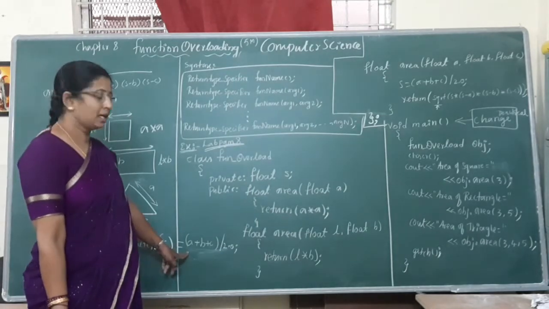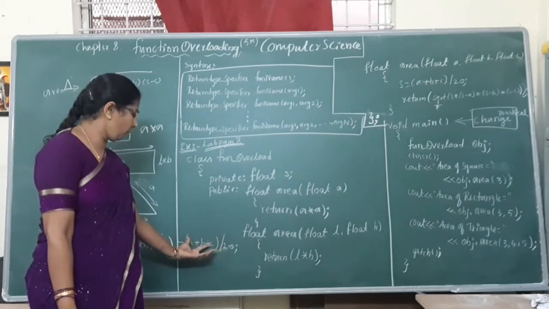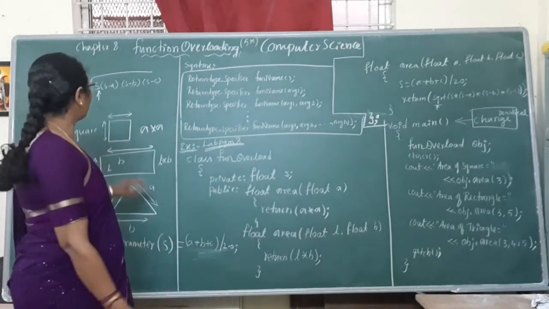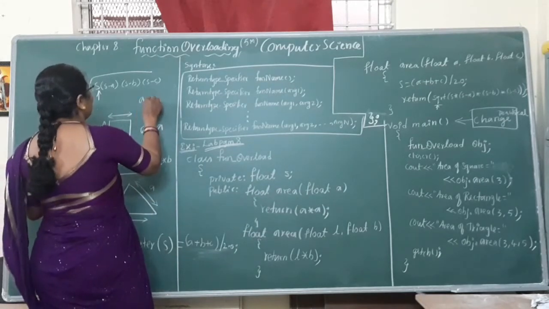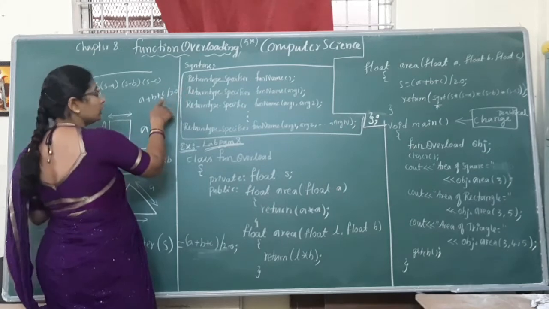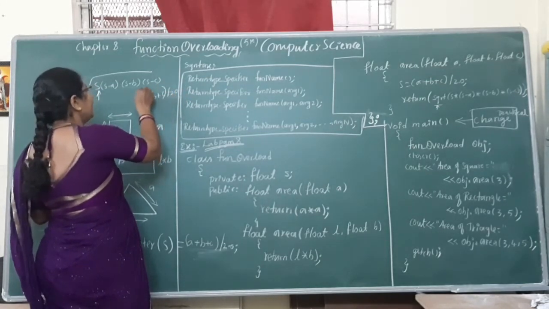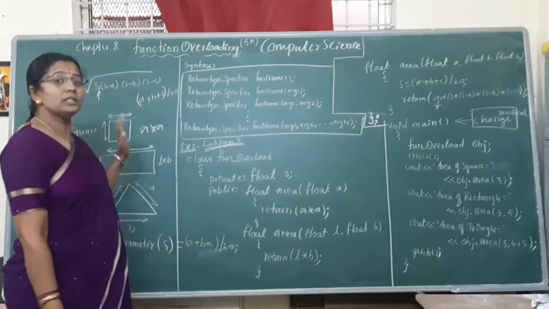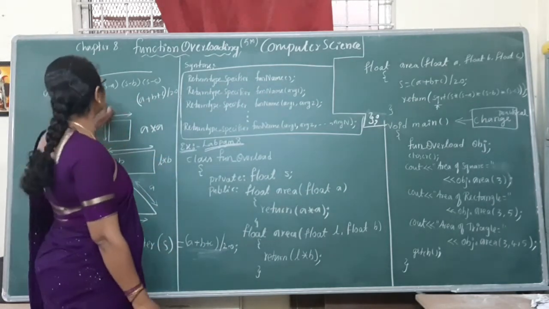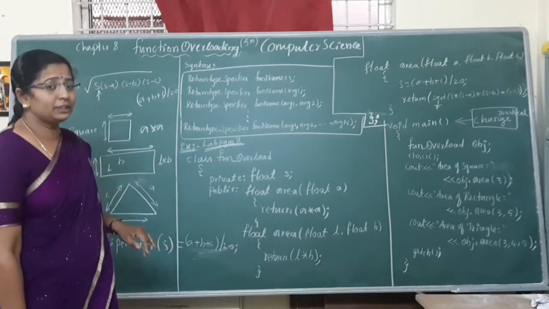What is S? Length of A, length of B, length of C, whole divided by 2.0. If I did not use brackets, A plus B plus C divided by 2.0 would be applicable only for C. So I don't want only C. All the edges' lengths divided by 2 give the semi-perimeter. Using that semi-perimeter, we are going to calculate the area of the triangle.